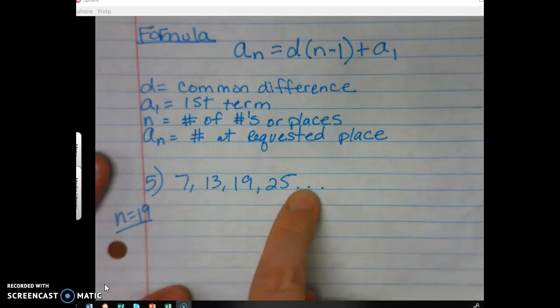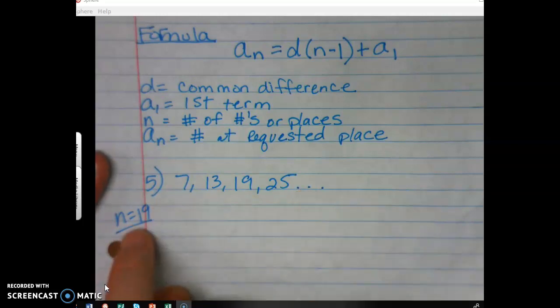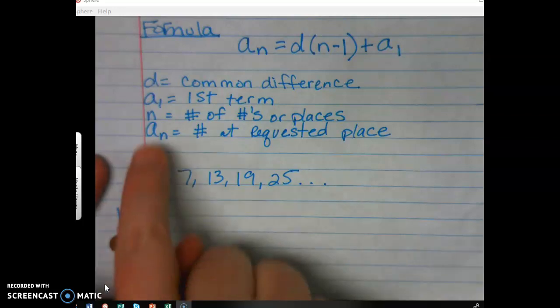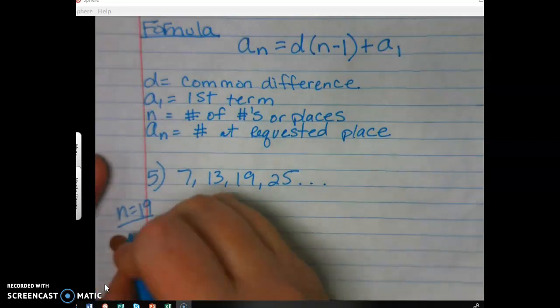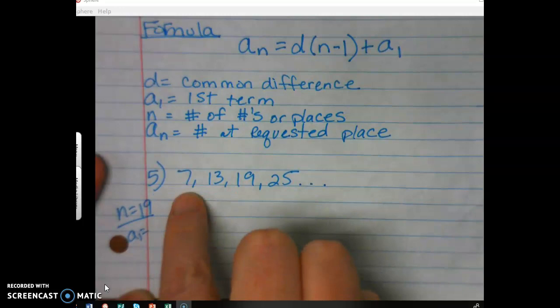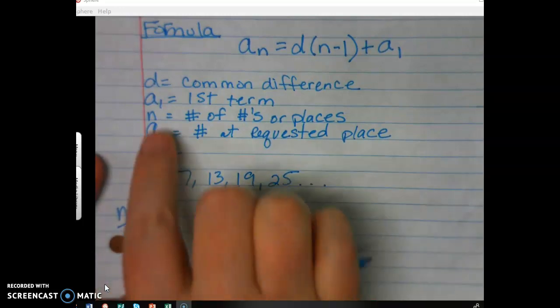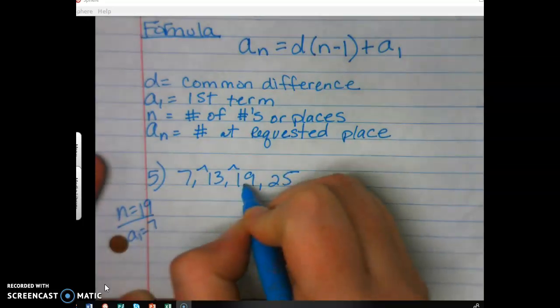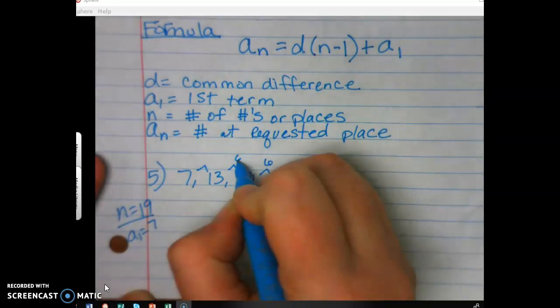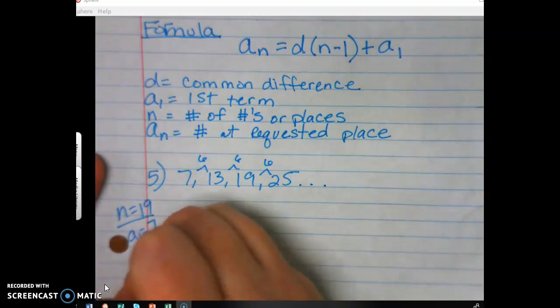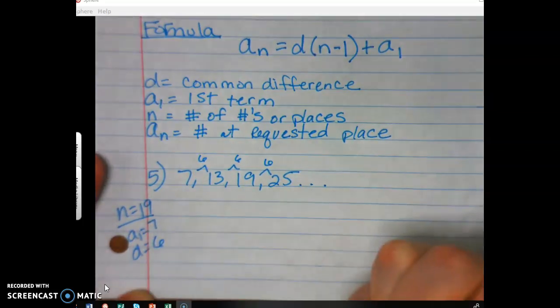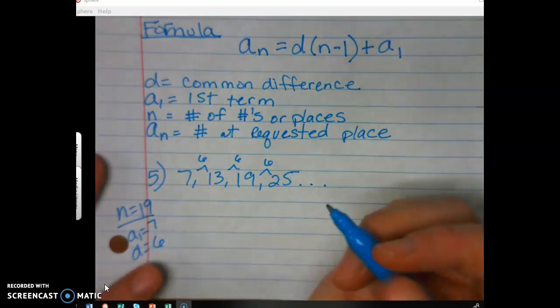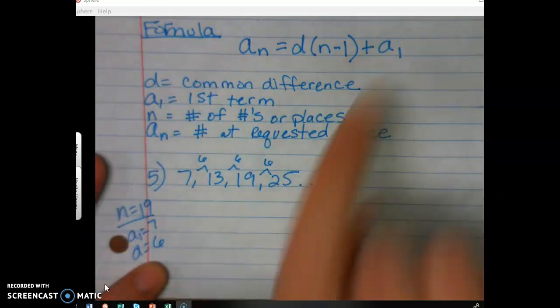Okay, here I go. Well, N equals 19. All right, what's my A1? A1 is 7. What's my D? What's my common difference? The common difference here looks like 6. So my D equals 6. Okay? So now I can just plug all this stuff in.